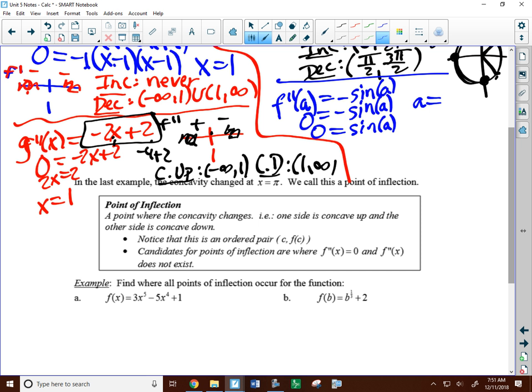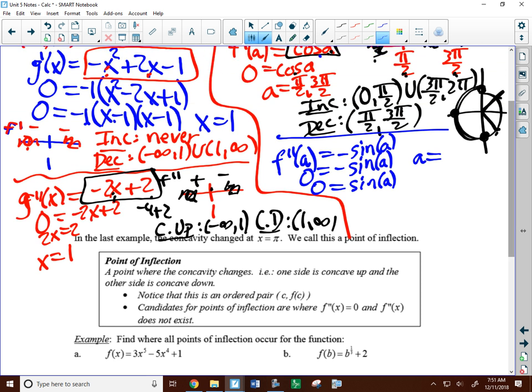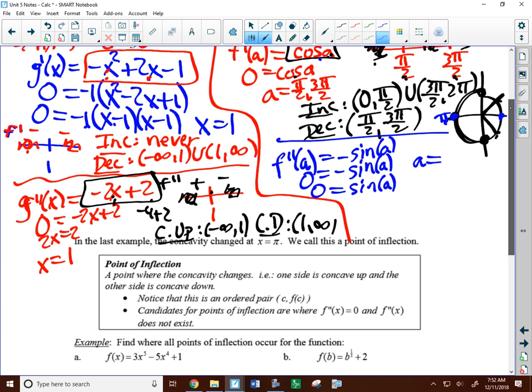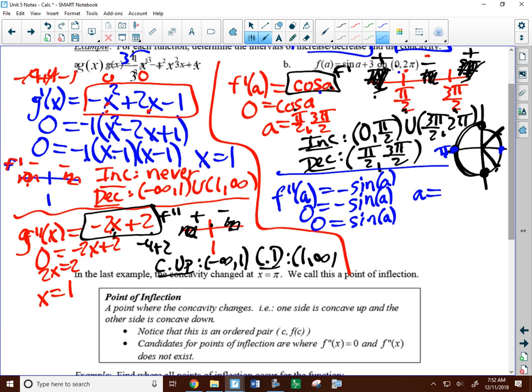Then just as before, sine of what value is 0? Let's see. I think right here, 0 and pi. However, 0 and 2 pi, same thing. They are not in the interval. So we're only going to want pi.